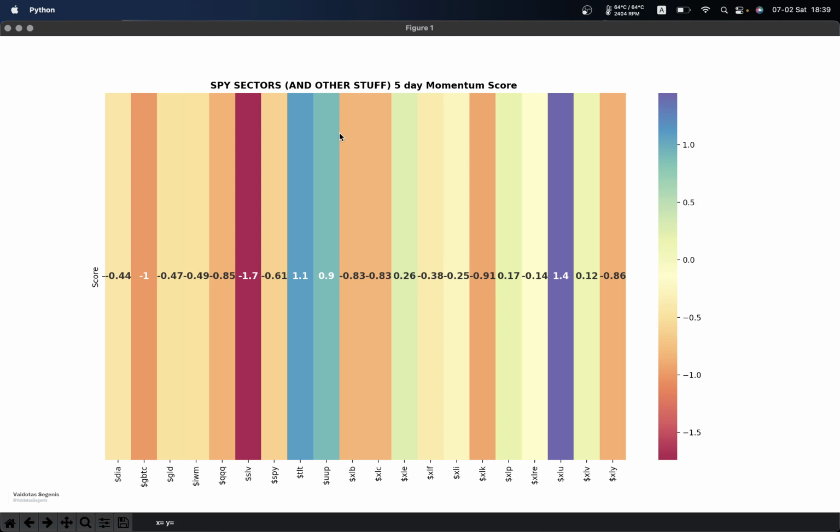If you remember, on a 10-day basis XLU had 2.6. So how do I interpret this? If I have a position and the momentum score goes way above 2, I will not add to that position, because based on the momentum it's considered overbought.